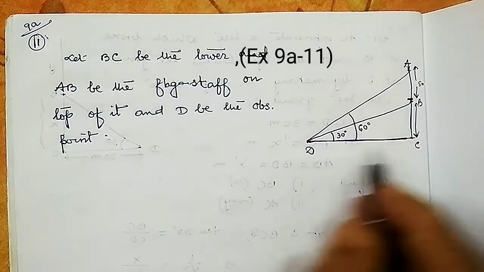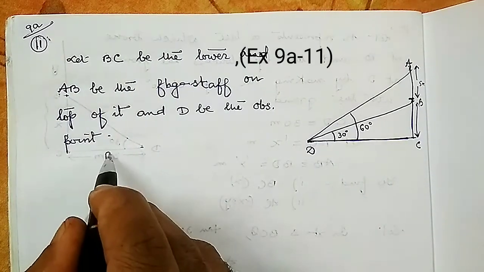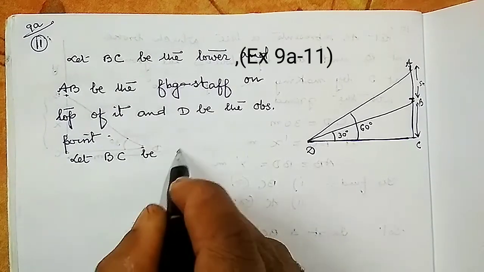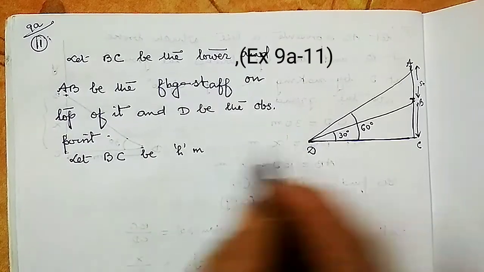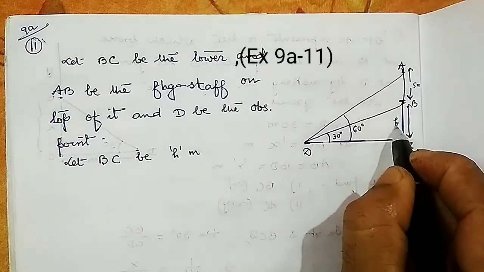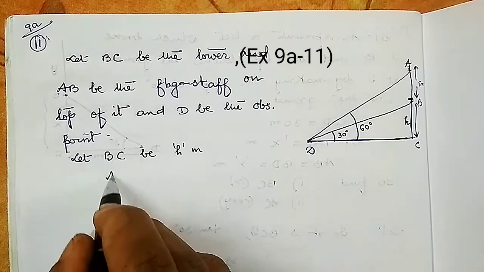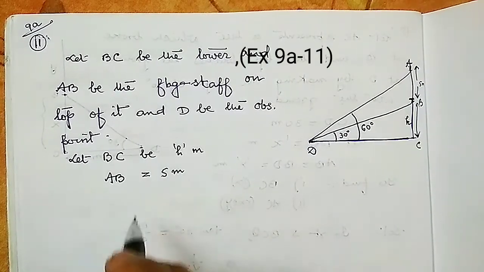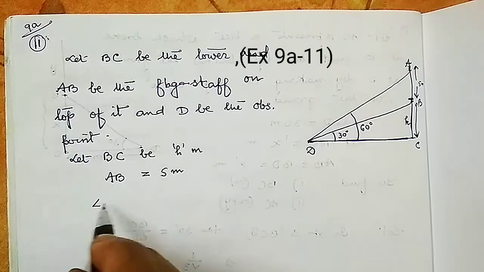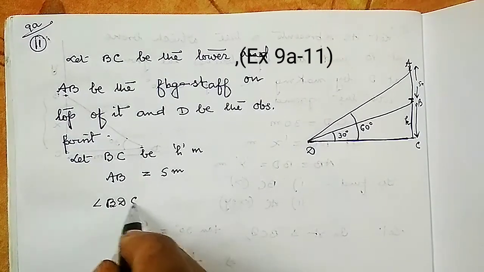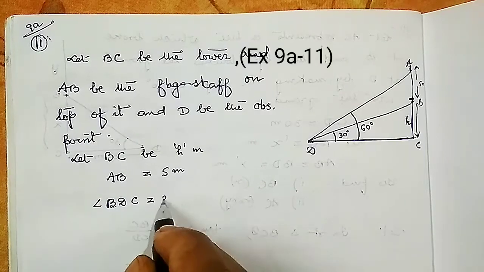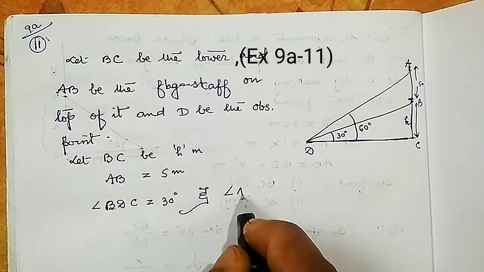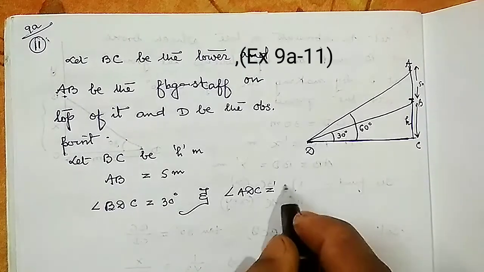Now here BC we don't know, so let BC be H meter. AB equals 5 meter and CD is not given. Angle BDC equals 30 degrees and angle ADC equals 60 degree.